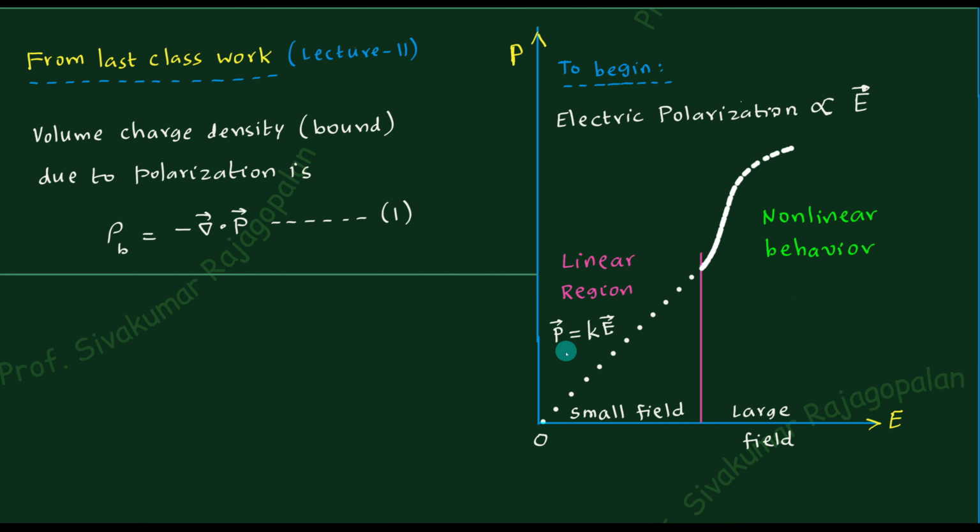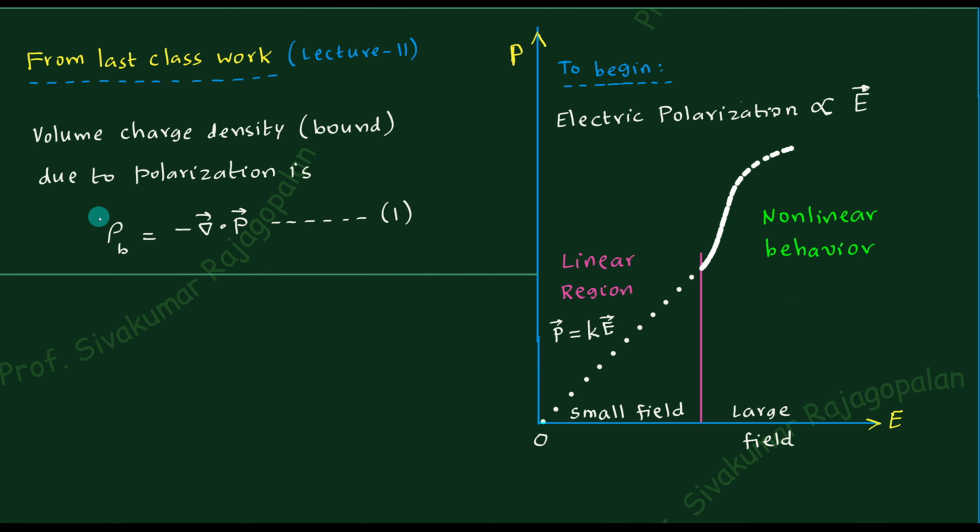And the point is that whether it is going to be in the linear region or in the non-linear region, whatever be the region, if you have the functional relationship, then it is always possible to make this calculation that the divergence of the polarization will be equal to the volume charge density in the dielectric.